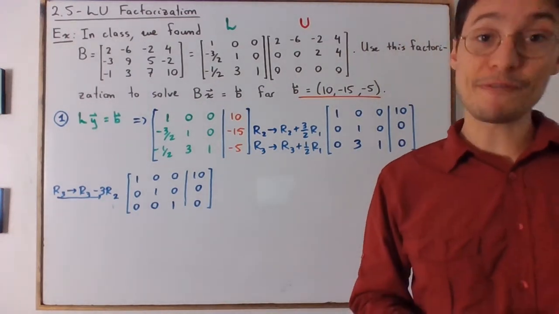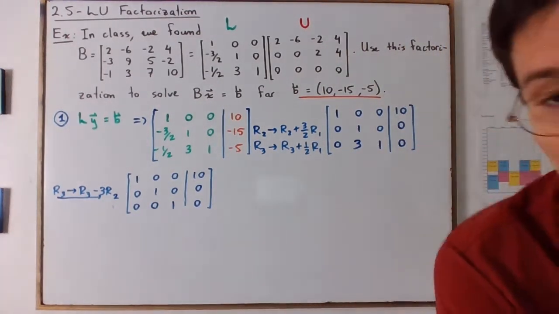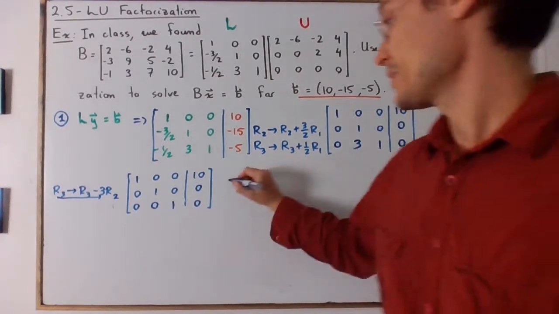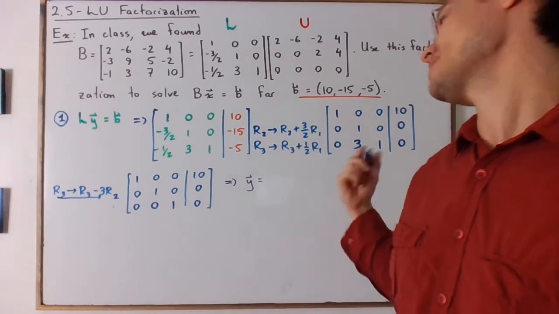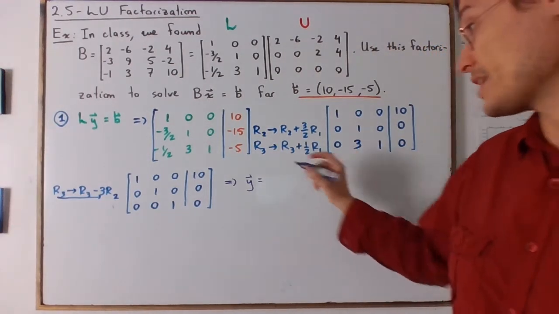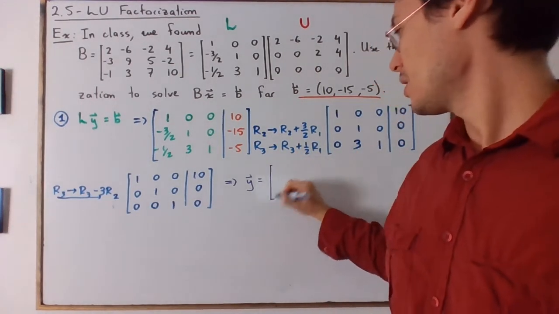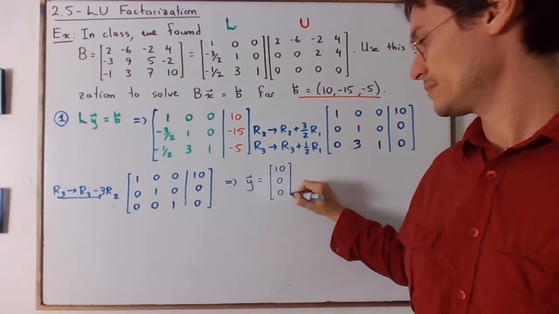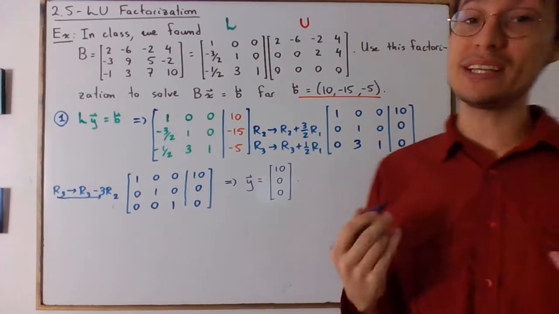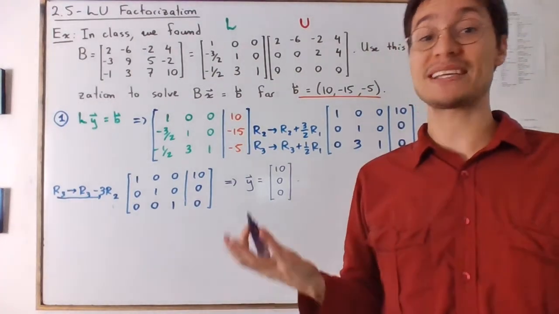From there, I will color code the y because we will use it in the next step. As you can see, the solution to this matrix equation is the vector y equals 10, 0, 0. So the first row reduction is done. We solved for the first system.